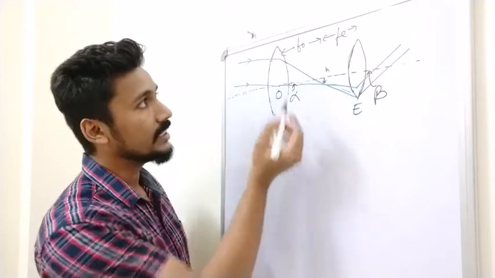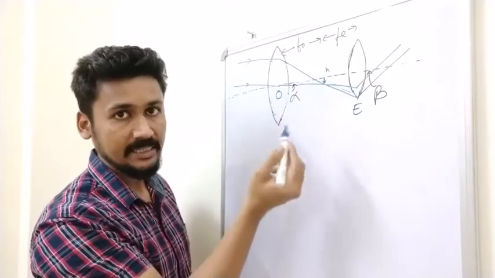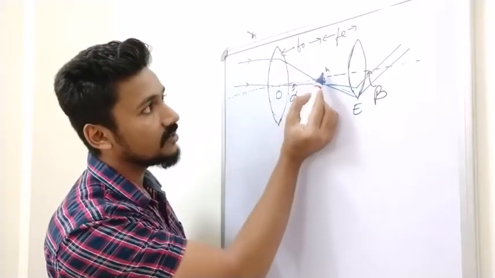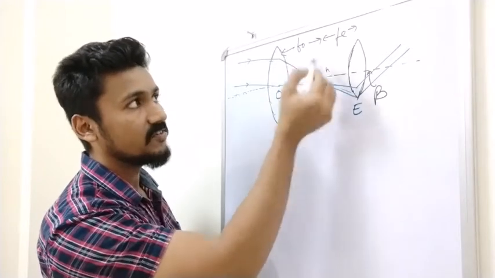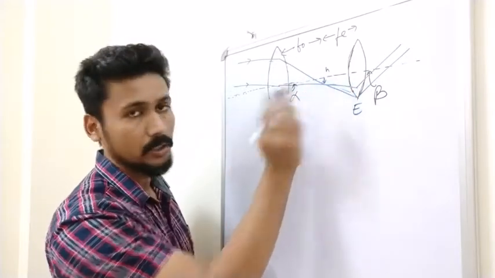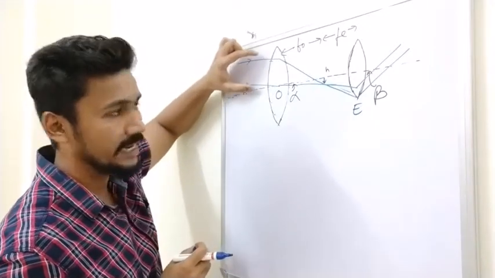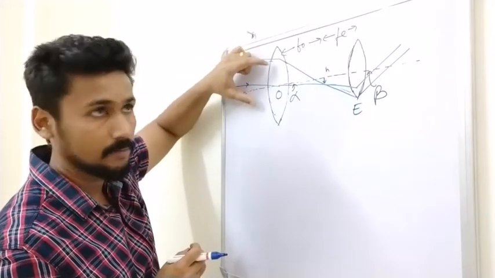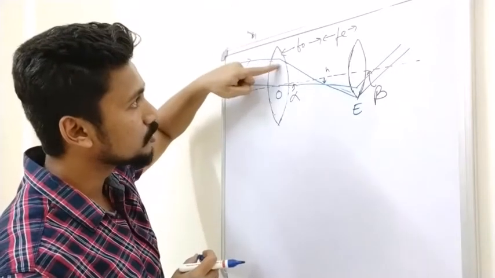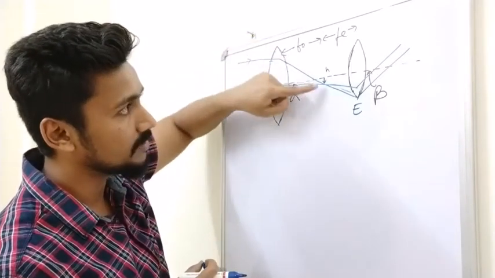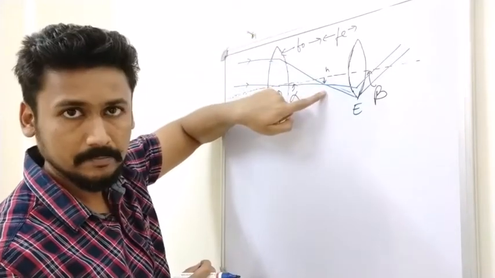Fine. Now here we will be arranging them such that the second focal point of the objective and first focal point of eyepiece are going to coincide. So this is the light that is coming from an infinitely far object. So it will be parallel rays. So again the objective will form the image here at FE, correct?